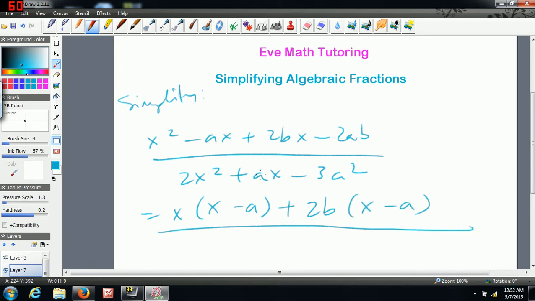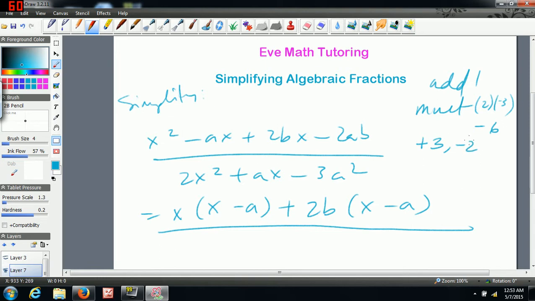On the bottom I've got the trinomial situation. I want two numbers that add to the middle term, which is 1, and multiply to 2 times negative 3, which is negative 6. Two numbers that add to 1 and multiply to negative 6 would be positive 3 and negative 2.